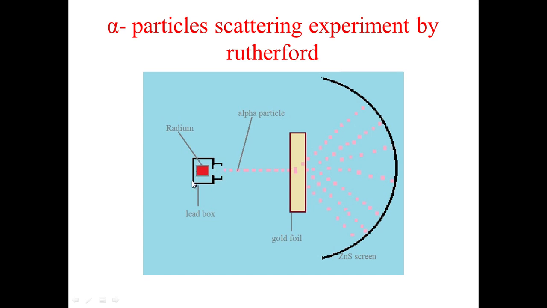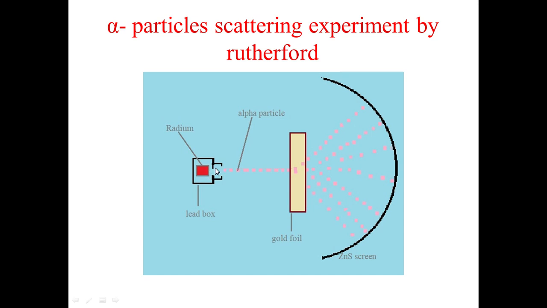Because lead has the capability to absorb the harmful, highly energetic radiation that comes out from a radioactive substance like radium, and directs these radiations in one direction. That's why we use this lead box here.